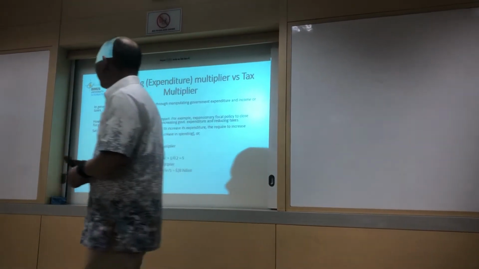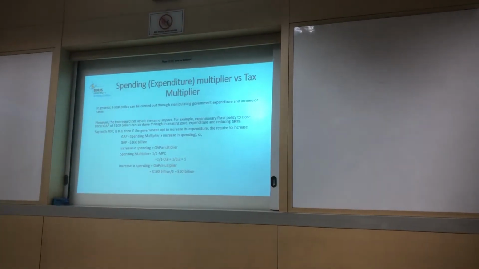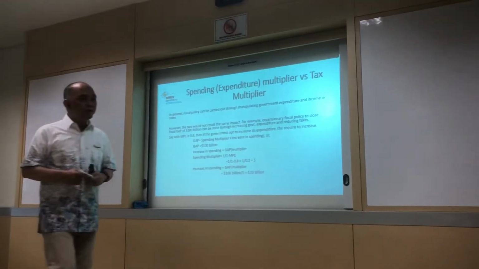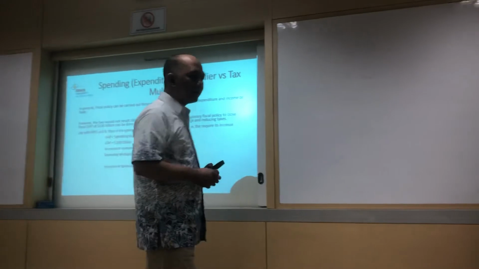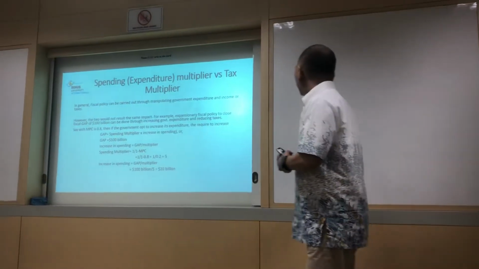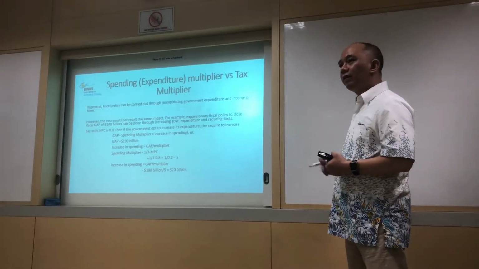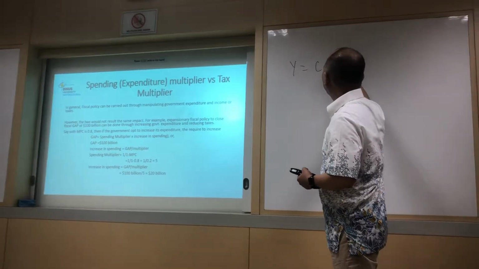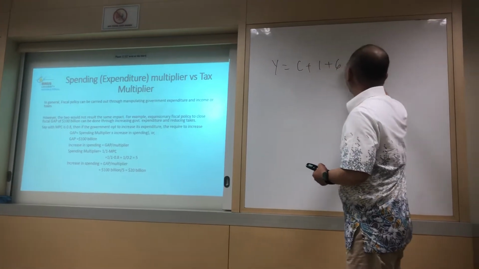Quiz. Basically, there's what we call a spending multiplier versus a tax multiplier. Remember from aggregate demand and aggregate expenditure that the aggregate expenditure is equal to C plus I plus G plus net export.